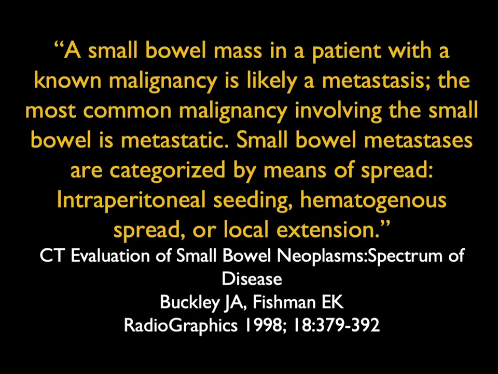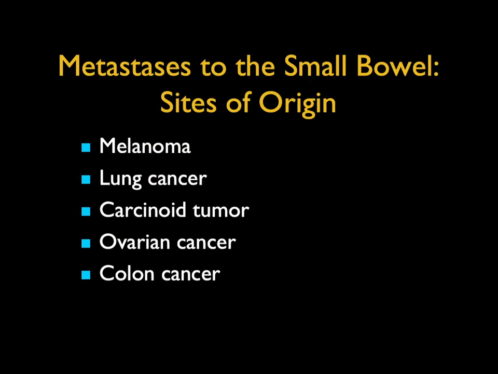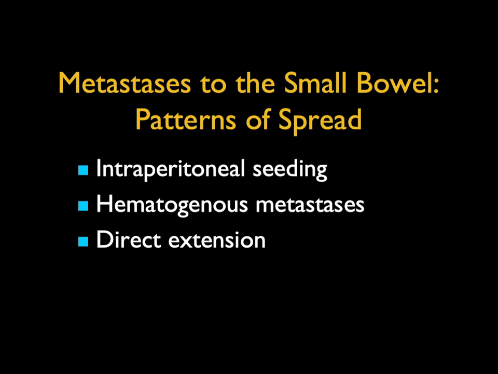Now, we wrote this article many years ago. Small bowel metastases are characterized by type of spread: intraperitoneal seeding, hematogenic, and local spread. We're trying to rewrite it 20 or 30 years later. When you talk about mets, I showed you melanoma, but melanoma, lung cancer, ovarian cancer, carcinoid, and colon are all common. And when you have spread, it's really by three patterns: intraperitoneal spread, hematogenous, and direct extension.